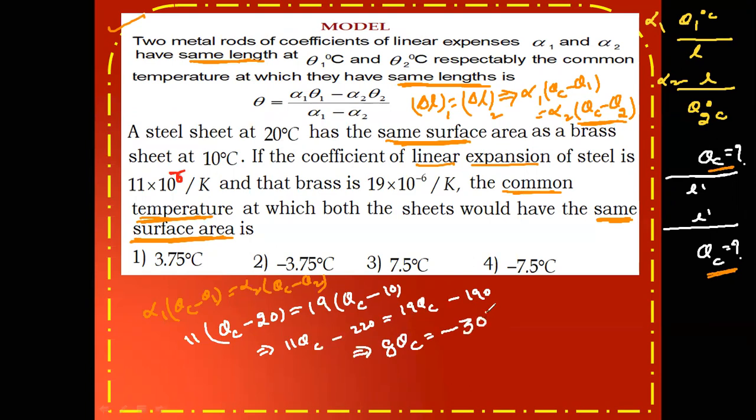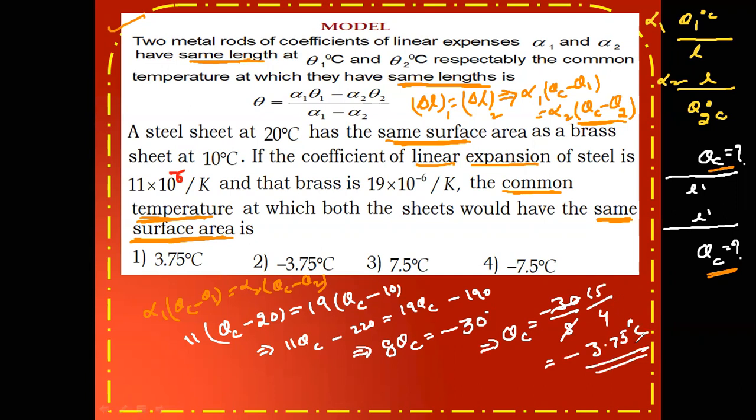Am I correct? Yes, so minus 30. So this implies theta c is equal to minus 30 upon 8. So this will be minus 3.75 degrees Celsius.